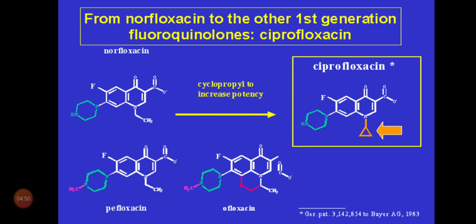The ethyl group is replaced with the cyclopropyl group, and this cyclopropyl group increases the potency of the compound. So in this way, by changing the structure, we get the first derivative, pefloxacin, the second derivative, ofloxacin, and the third derivative, ciprofloxacin.